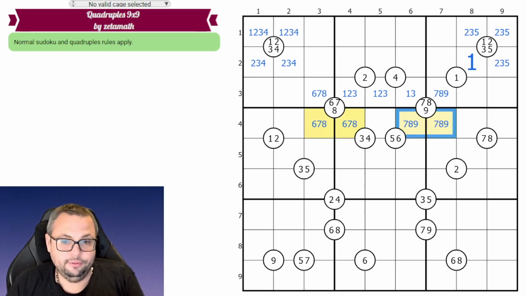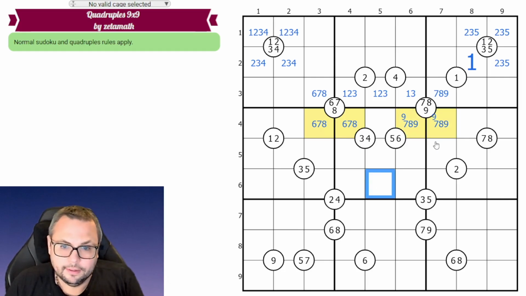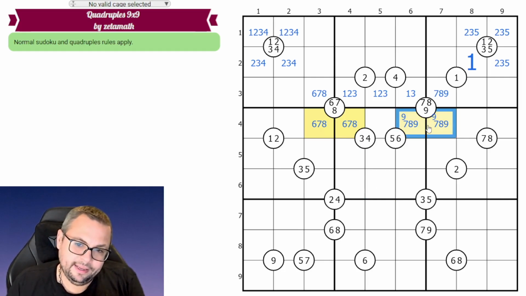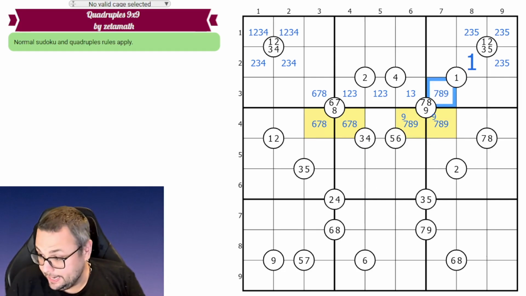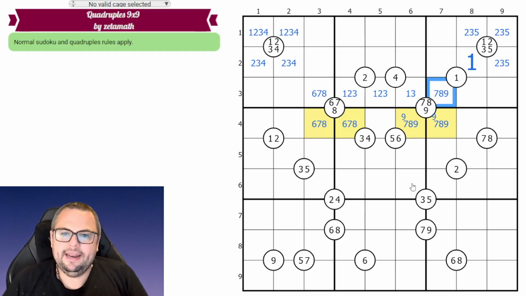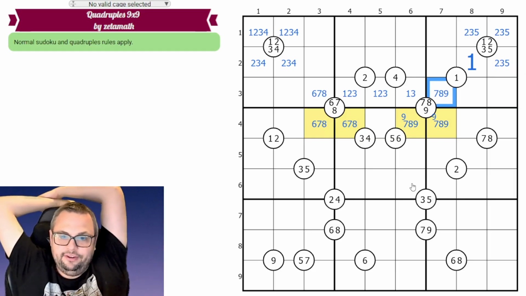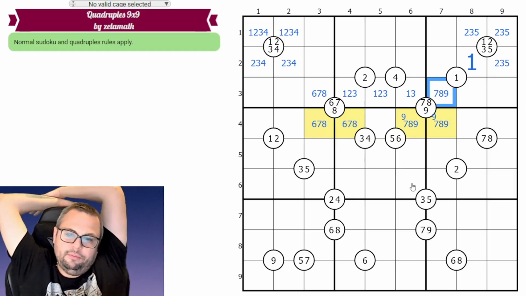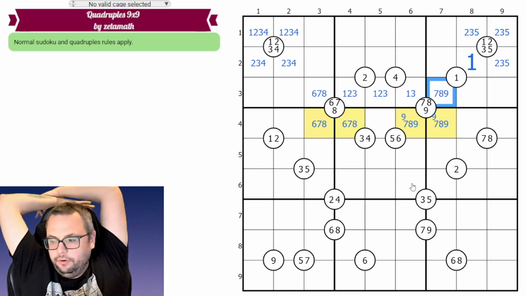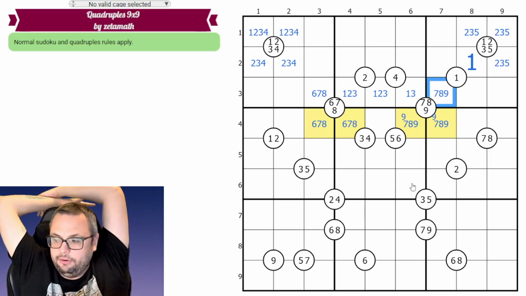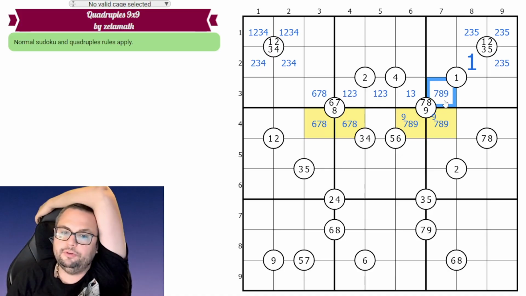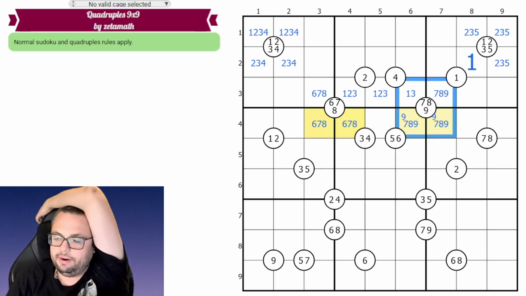So it's one of these. One of these is 9. What that tells me is that this digit isn't 9. And that might take you a second to think about, because this is not usually how this deduction shows up. It shows up in a lot of different ways in Sudoku, but usually not sort of bent around a corner like this. But if this digit was 9, it means I've put 2 9s around this quadruple.